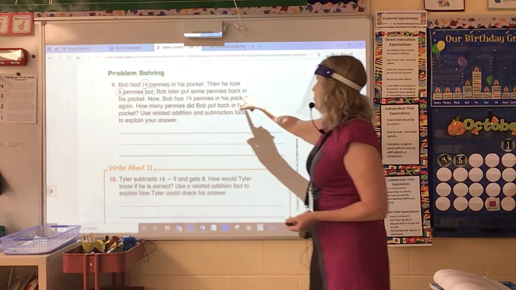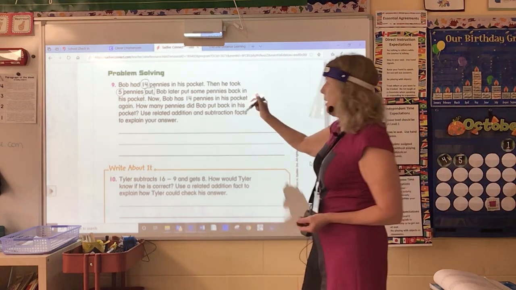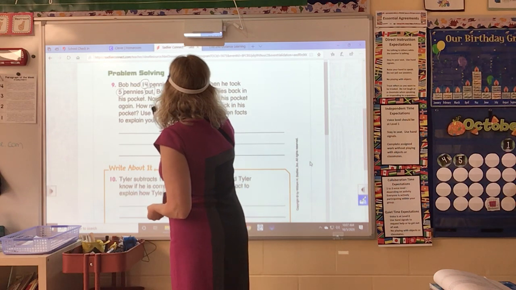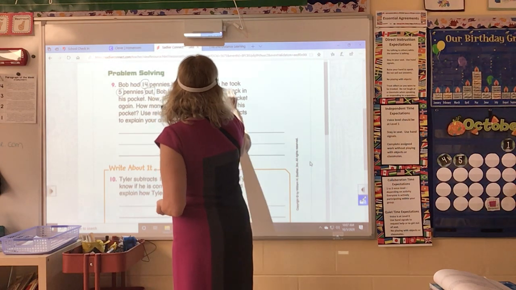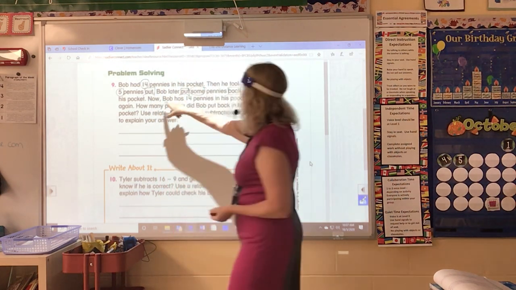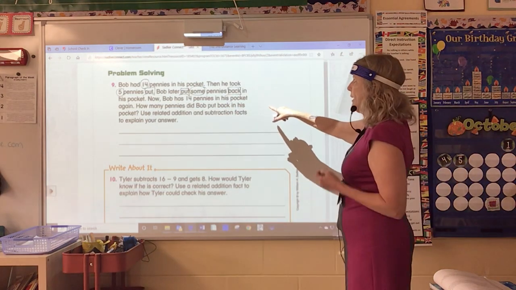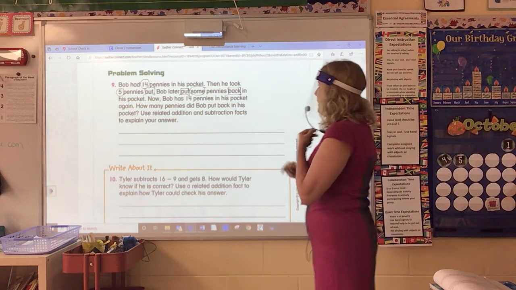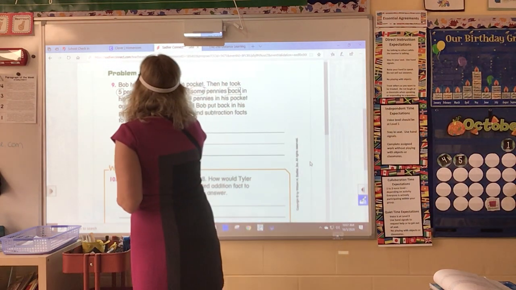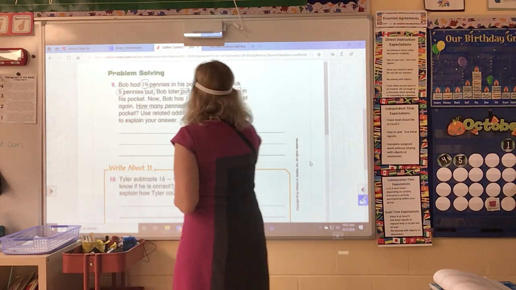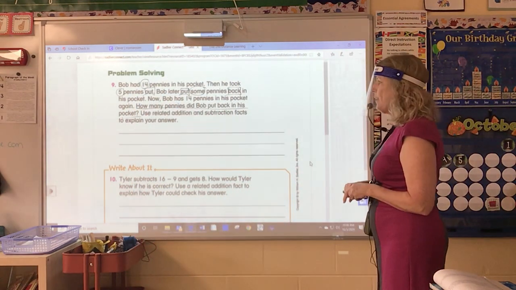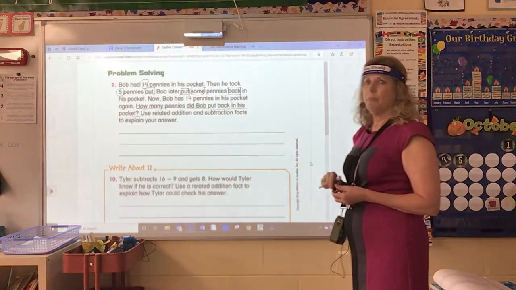Bob later put some pennies back in his pocket. Now Bob has 14 pennies in his pocket again. How many pennies did Bob put back in his pocket? You are going to use related addition and subtraction facts to explain your answer.